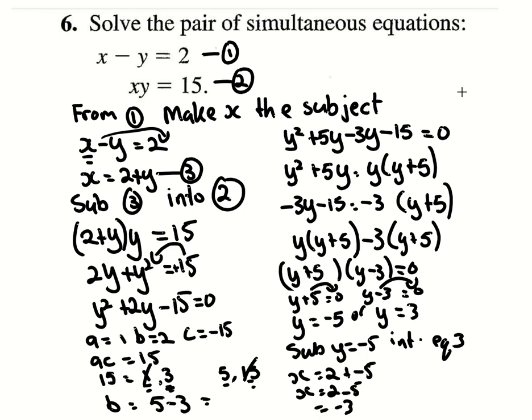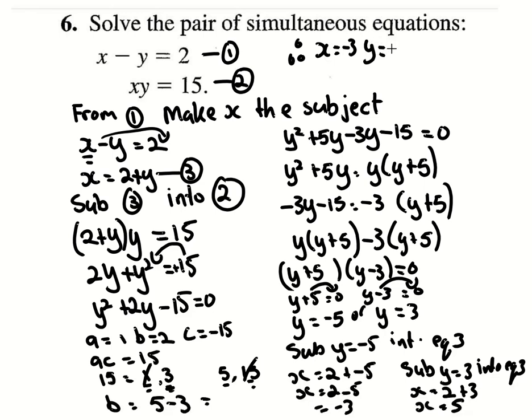And then I'm going to, I ran out of space. Then I'm going to substitute y is equal to 3 into equation 3. So x would be 2 plus 3. So x is equal to 5. Right? So therefore, when x was minus 3, y was minus 5.